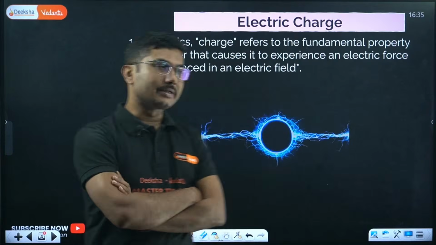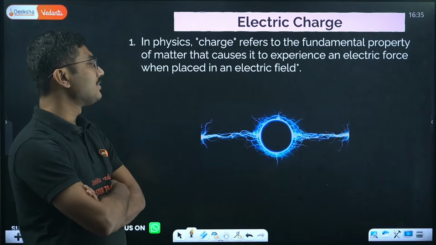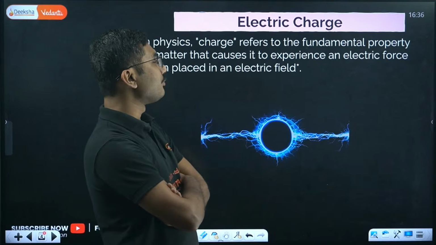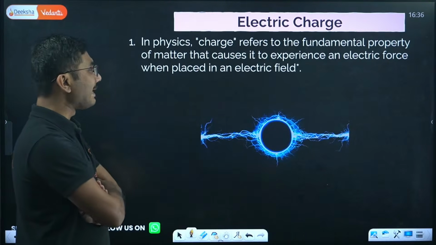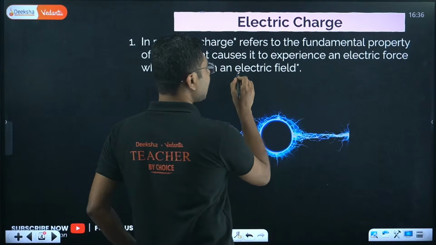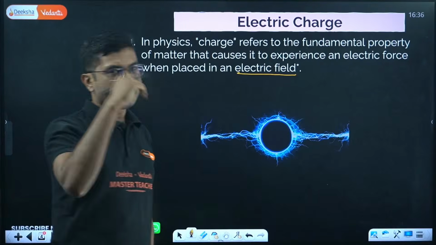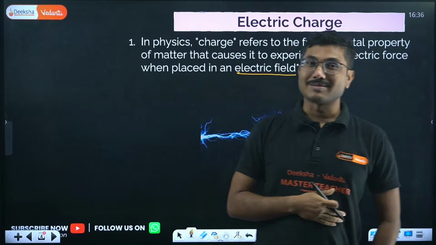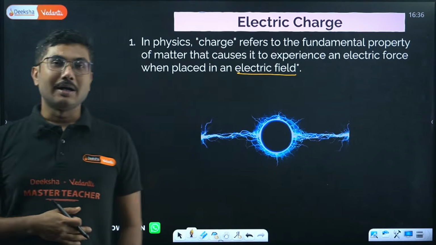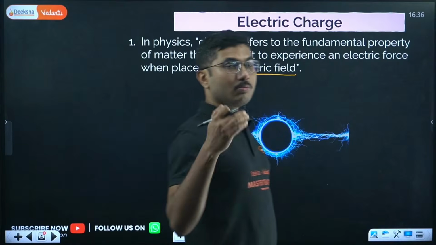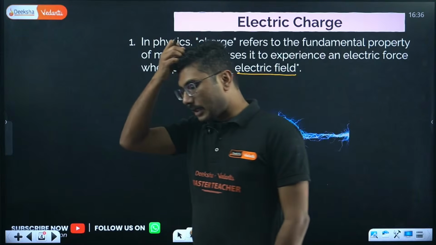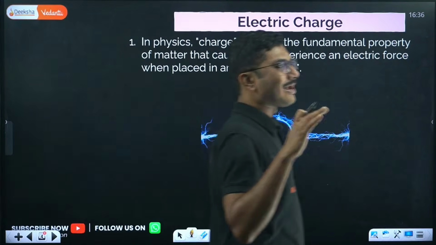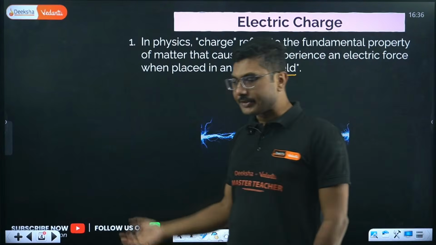And how is electric charge described? In physics, charge refers to the fundamental property of matter that causes it to experience an electric force when placed in an electric field. A star mark is given here because we will discuss electric field in a later part. You have heard about fundamental properties such as mass, volume, atomic number or mole number. Similarly, charge is also considered a fundamental property. We have two types of properties, physical and chemical.